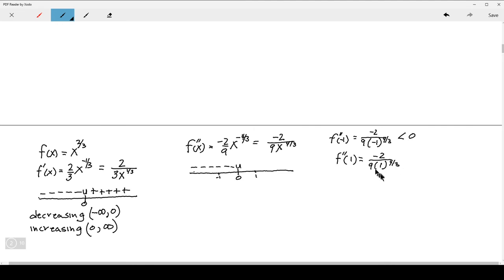Take the cube root, it stays positive, so that whole denominator is positive, but the numerator is negative, so again, the whole fraction is negative, which means this side is also negative. So now I am having a function here that does not change concavity. All right, so I can come over here and say x equals 1 is not an inflection point.